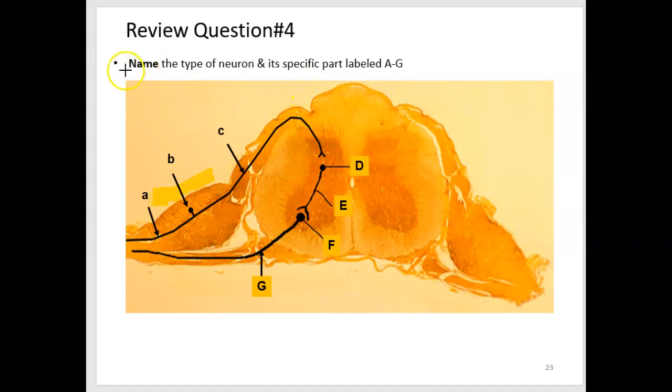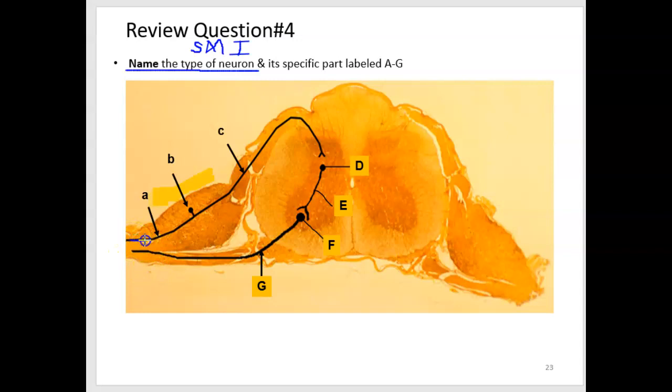So I've asked you to name the type of neuron, and we're talking, is it a sensory neuron, a motor neuron, it's supposed to be an M, or an interneuron? Okay, motor neuron.